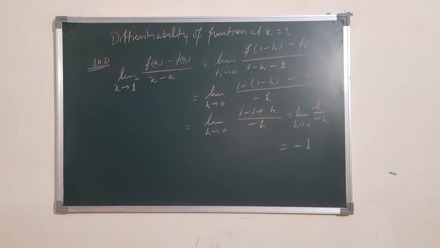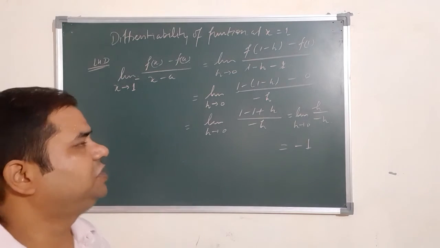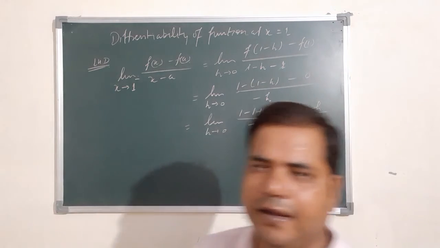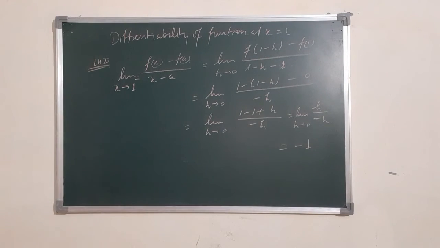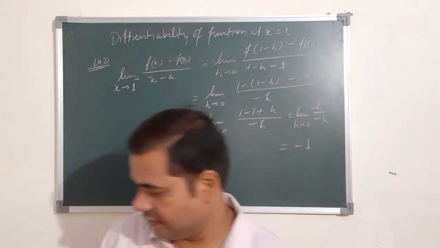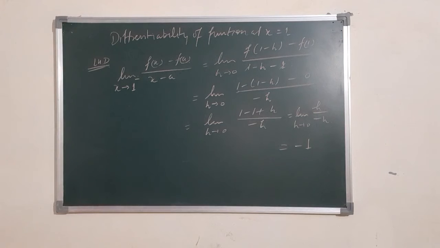And now we are going to find RHD. So first you note it down, then after, the right-handed derivative. Okay? So note it down. Okay, right-handed derivative, same as this.